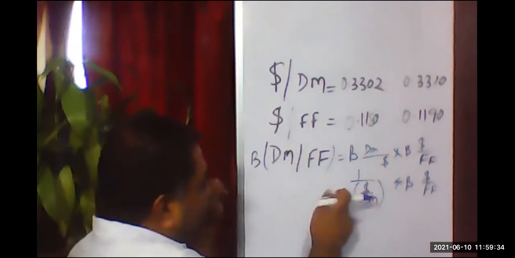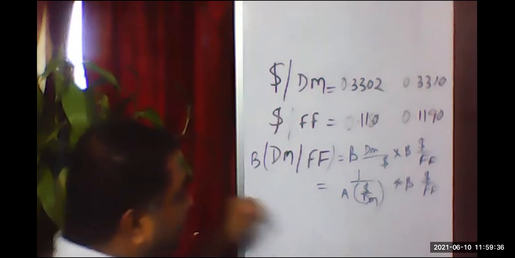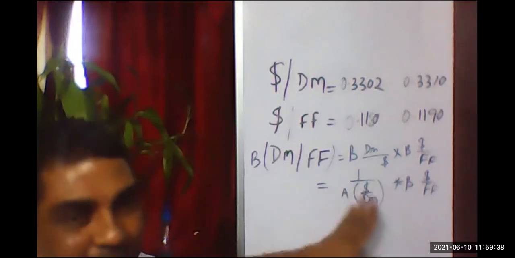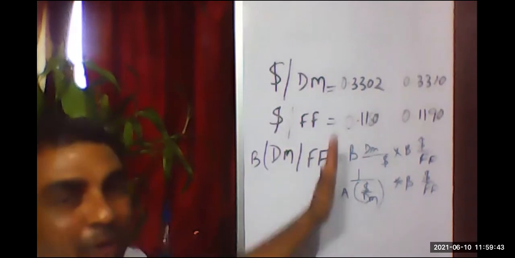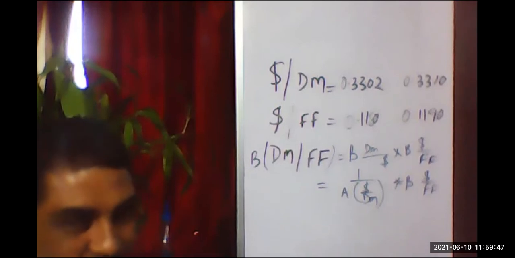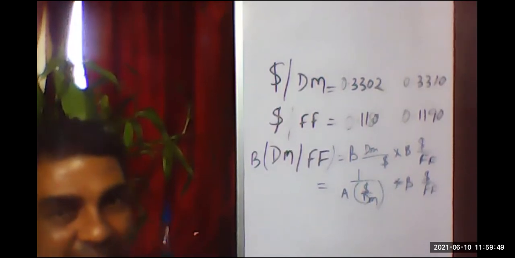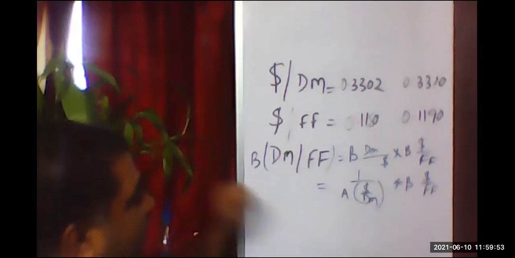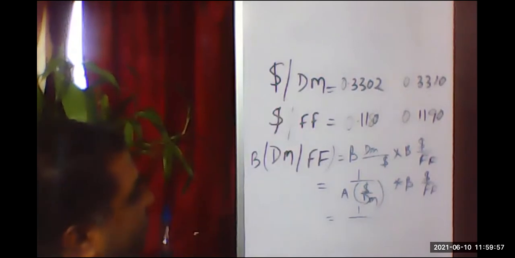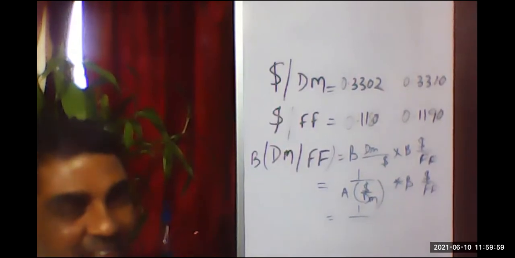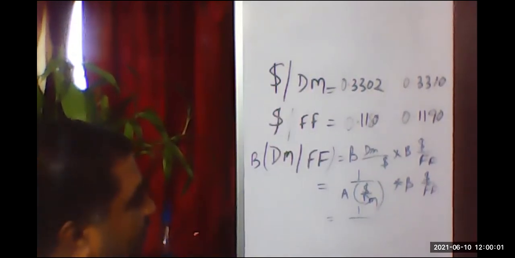So instead of bid DM by dollar, I am taking 1 by ask dollar by DM. This concept you already know: bid is equal to 1 by ask. Any doubt? So 1 by ask dollar by DM is how much? 1 by 0.3310. Very good.